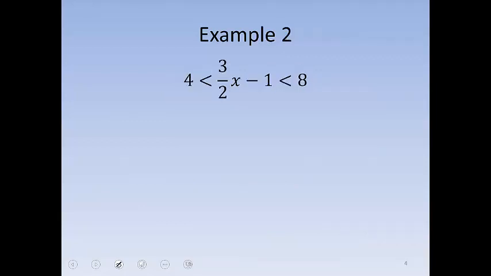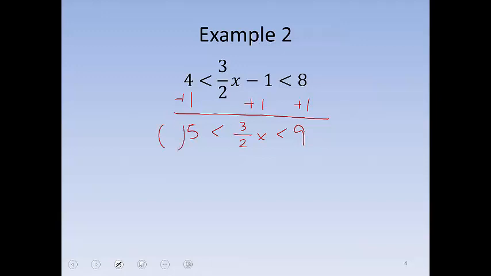Let's try another one. Let's just go straight to using the method where I move it out from the middle. So I'm going to add 1, and I have 5 is less than 3 halves x is less than 9. Well, just as before, I have the x in the middle, and I have to get rid of its coefficient, the 3 halves. To do that, I'm going to multiply everything by 2/3.